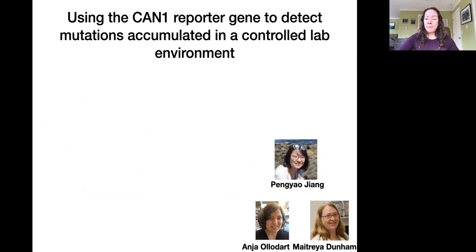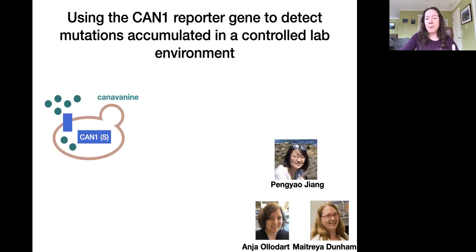Working with Maitreya Denham and her student Anya Oladart, we developed a technique that is an updated version of a very classical genetics technique, using what's called a CAN1 reporter gene assay to efficiently detect mutations accumulating in different yeast strains in a lab environment.